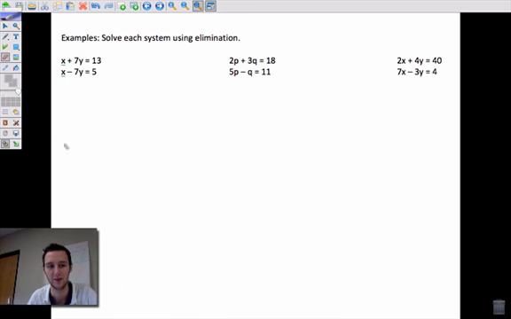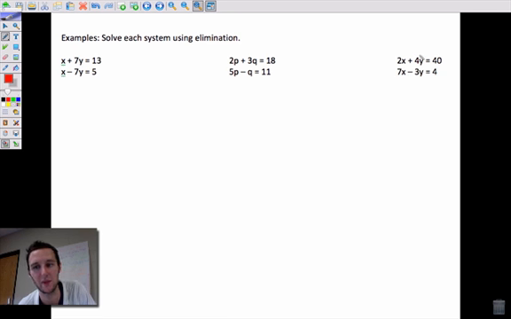All right. Sometimes you'll get an equation that neither variable looks very easy to eliminate. Okay. For instance, in this one, I can't really multiply 2 by anything nice to get it to negative 7 to cancel out the positive 7.